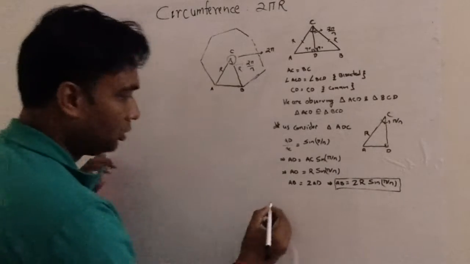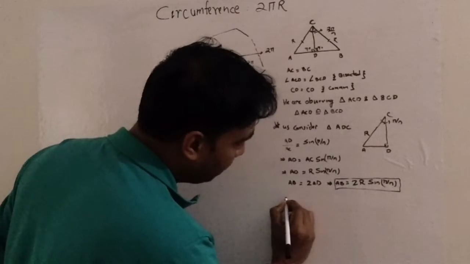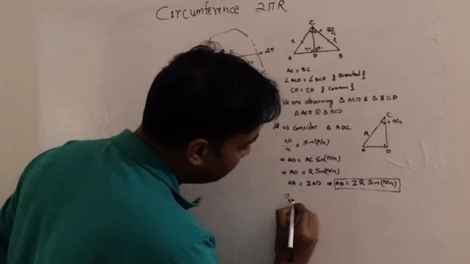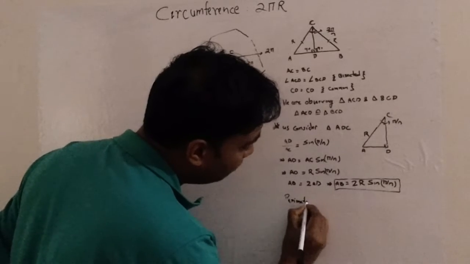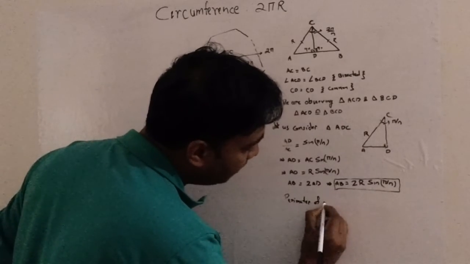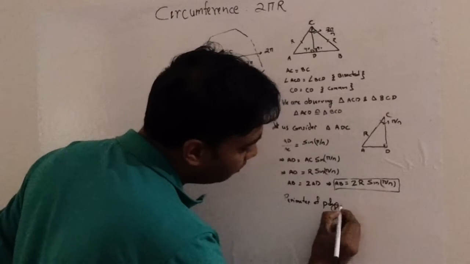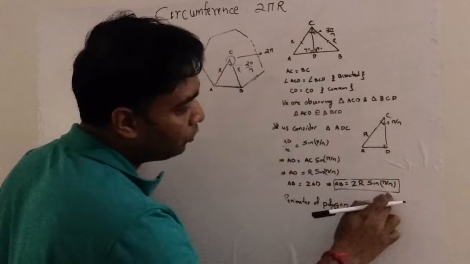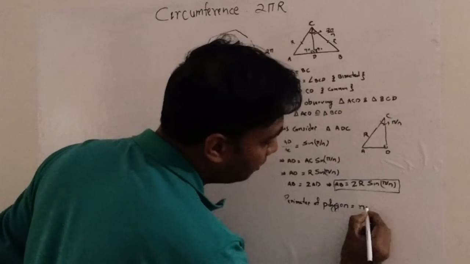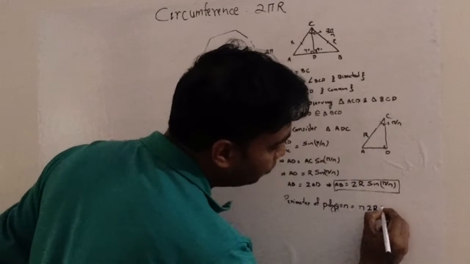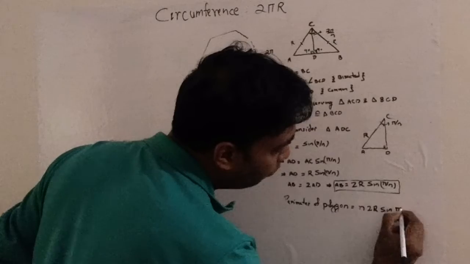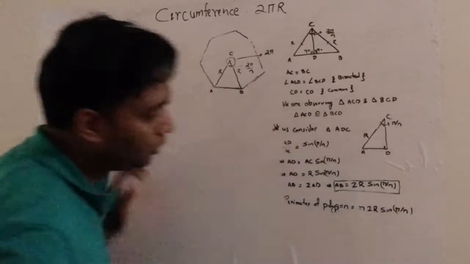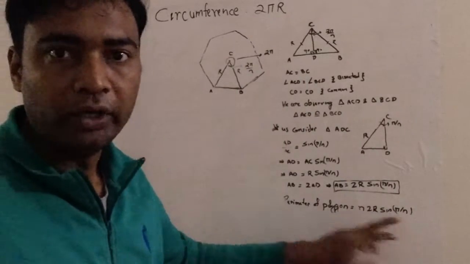So we can say perimeter. We will be using this term. Perimeter of polygon will be total sides into length of one side. That is, total sides is n, and length of one side is 2r sine pi over n. So this is the total length of the polygon.